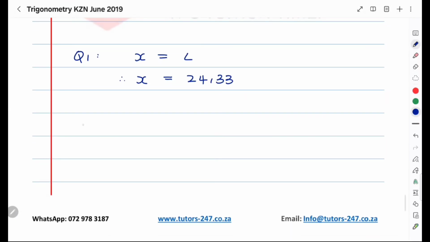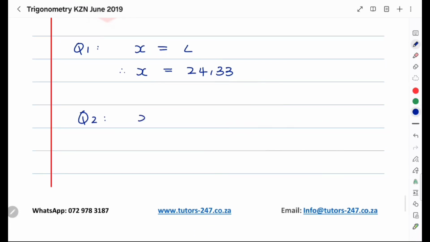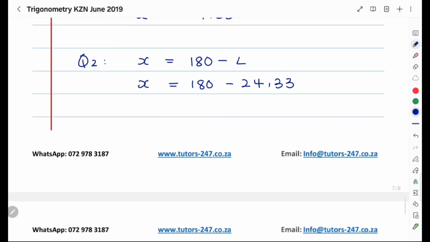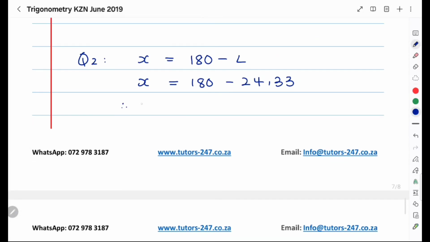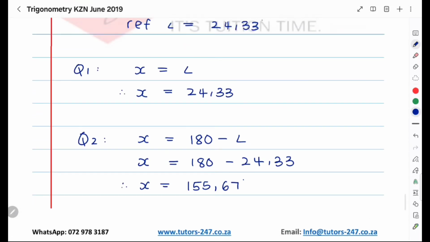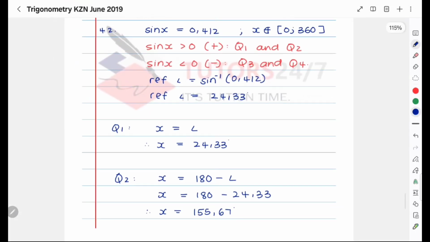And then our solution in quadrant 2, our reduction formula in quadrant 2 is 180 minus the angle. So we substitute our angle. We can put this into our calculator, and we therefore have x as equal to 155.67 degrees. So that is it.